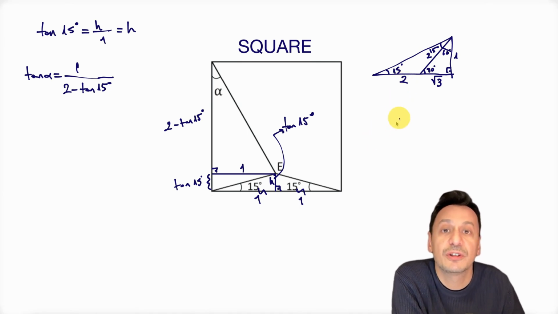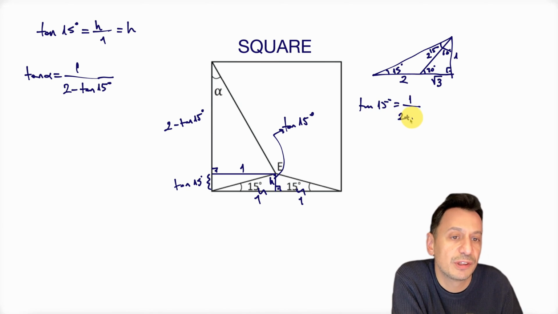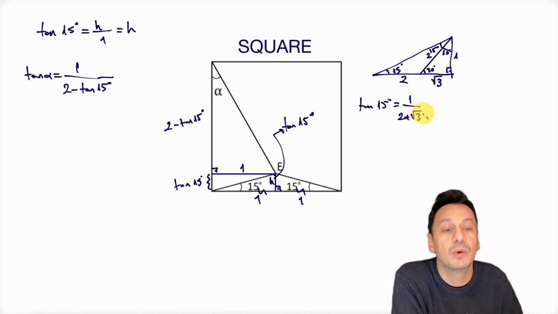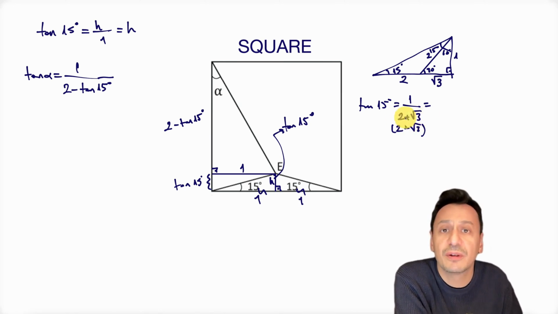Now I can write tangent 15. Tangent 15 degrees equals what I see opposite, 1, over its adjacent side, which is 2 plus root 3. Of course, we won't write it like this. We'll multiply the denominator here by its conjugate, 2 minus root 3, so that there won't be a radical in my denominator. That's the purpose here.